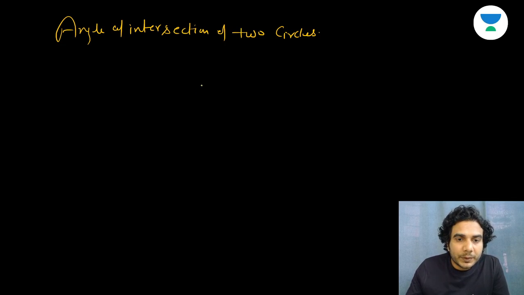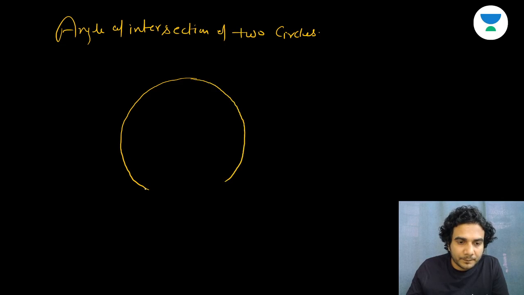So suppose two circles are given. Let me make the diagram first. And these two circles are intersecting.